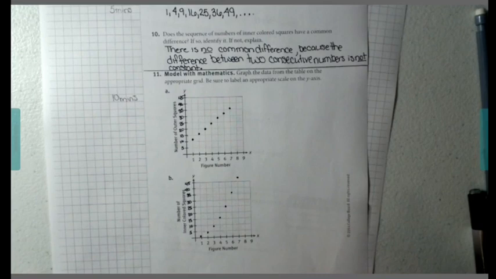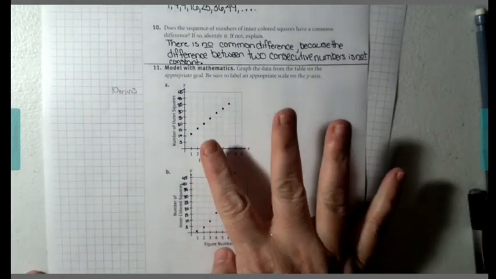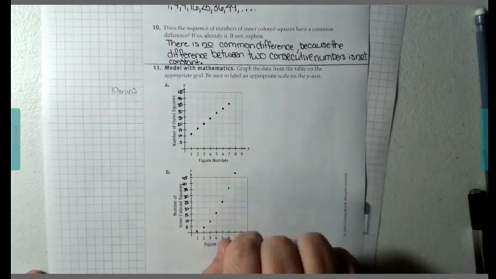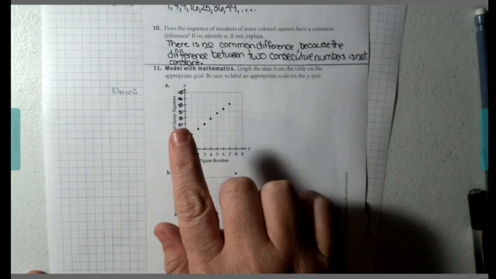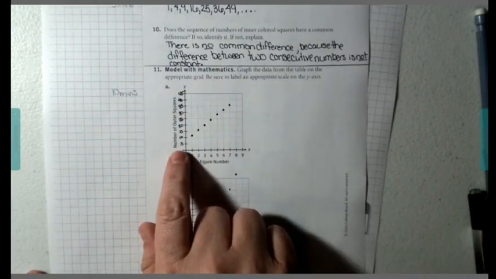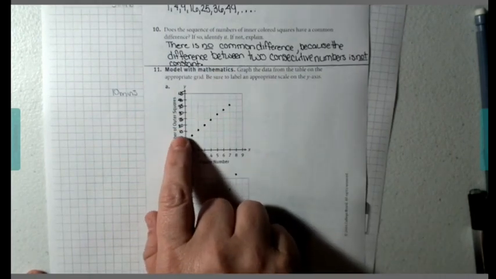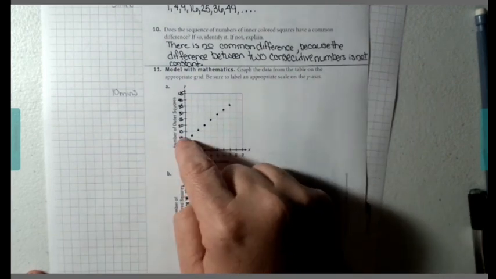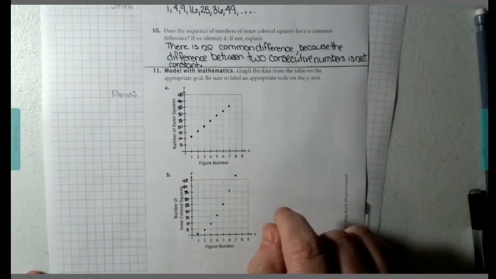All right. So numbers 11 through 13 have now been completed for us. As you can see with 11, for A and B, I chose to use the same scale along the y-axis. I counted by 5s. So each little line going across is a count of 5.